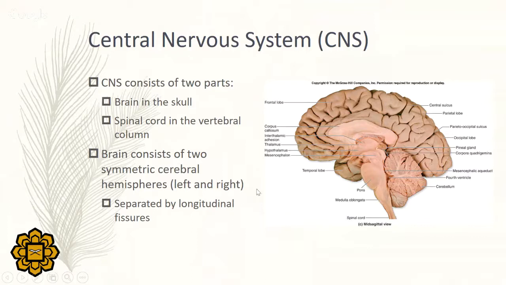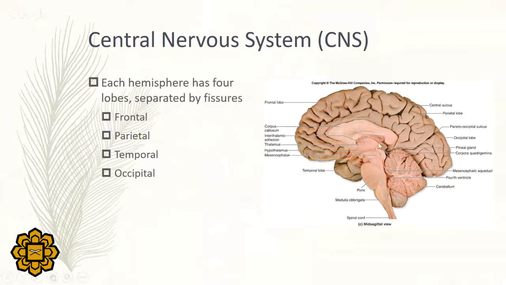As you can see on the right-hand side, this is the mid-sagittal view of the brain. Each hemisphere has 4 lobes, separated by fissures: the frontal lobe, and the parietal lobe, on this side, this particular area.